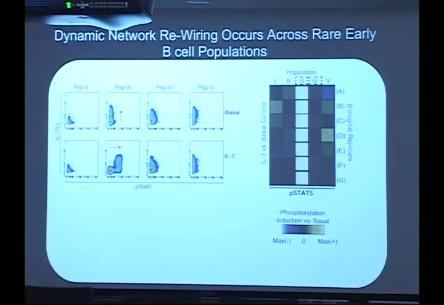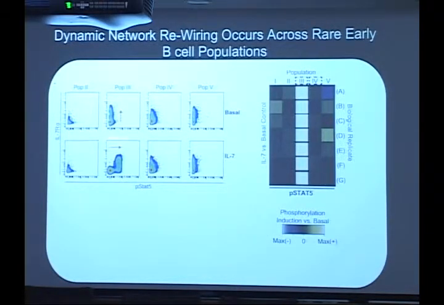So again, since we were able to look at many, many markers, and also a la Nolan style, we did stimulations for these cell populations as well. What we also found was that as cells went across from population 2 to 4, they also began to express the IL-7 receptor.